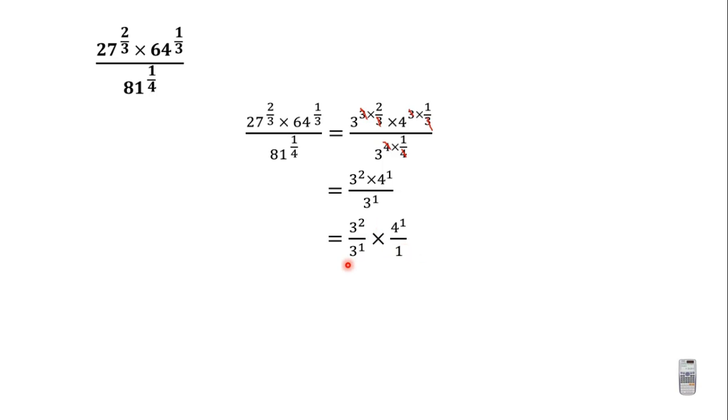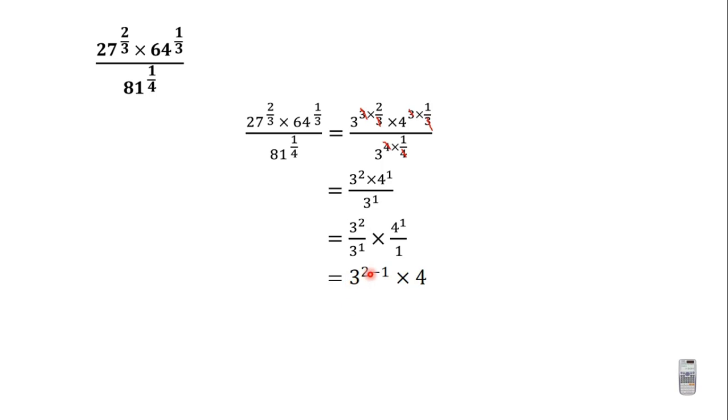Okay, we know from the laws of indices that if you have two numbers in their index form dividing and the two numbers have the same base, you subtract the exponents. So this is going to give us 3 exponent 2 minus 1.